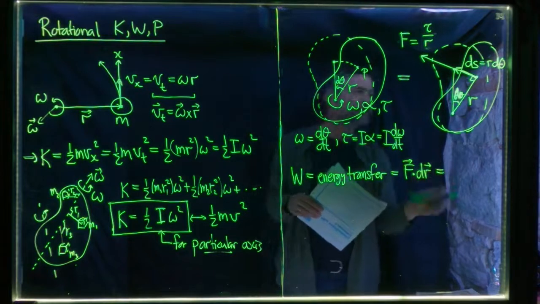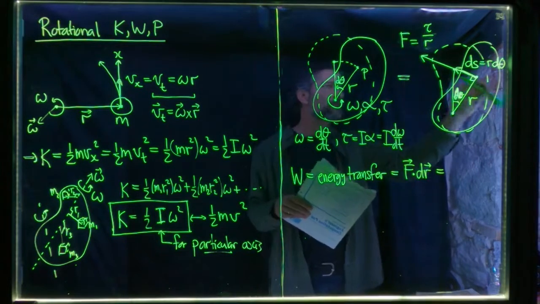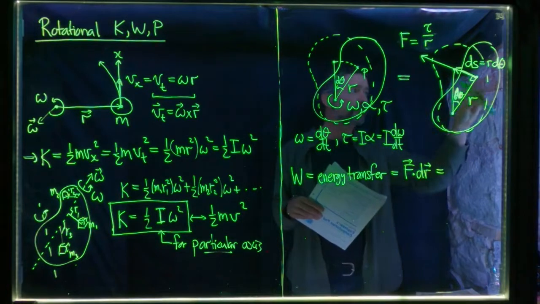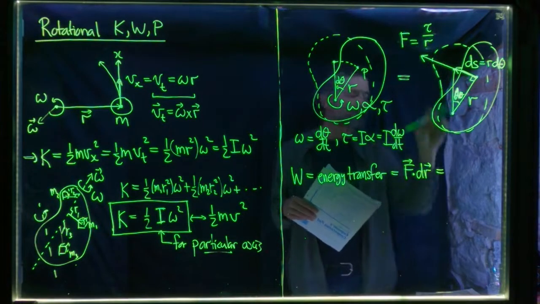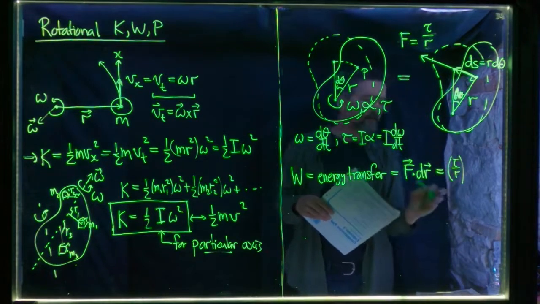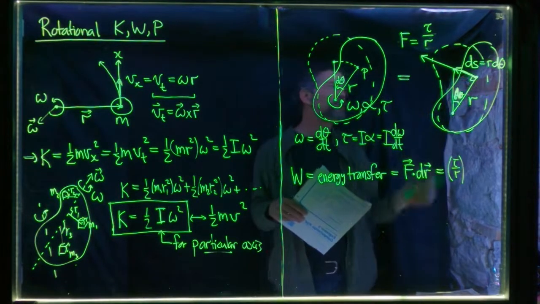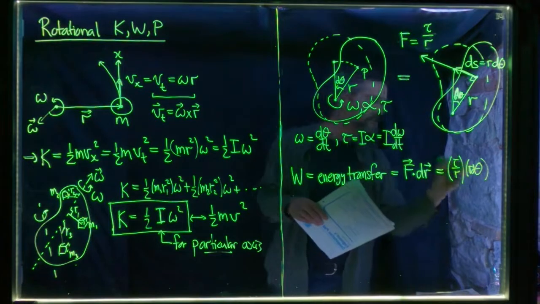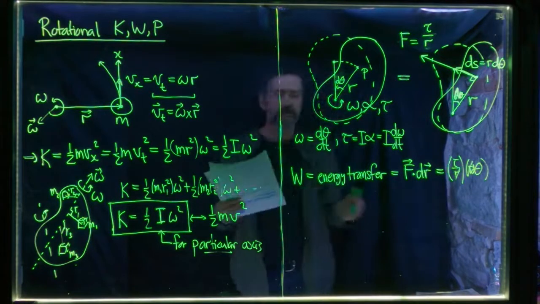In this case, the force and the displacement are in the same direction, so the dot product is just the magnitude of the force, which is the torque divided by r, times the magnitude of the displacement, ds, which is r d theta. Okay, so you can see that these r's cancel out, which makes sense.